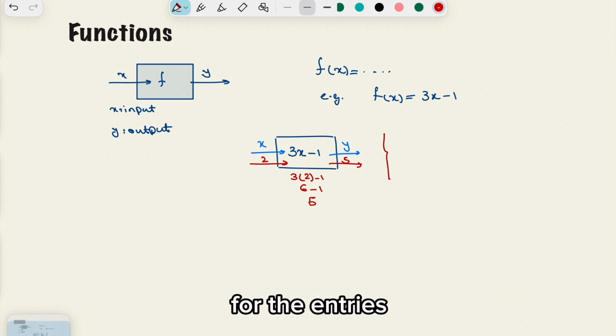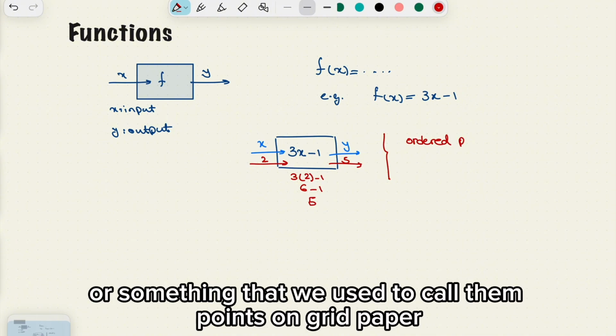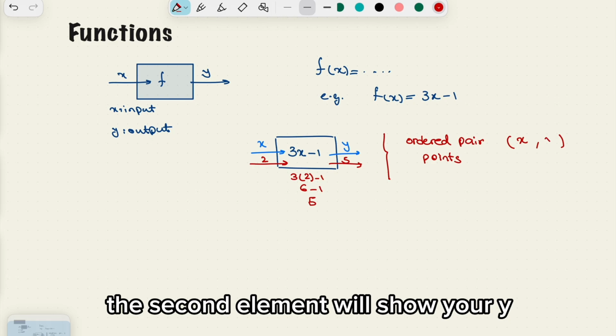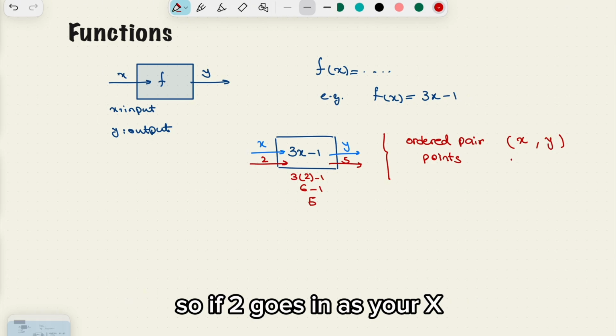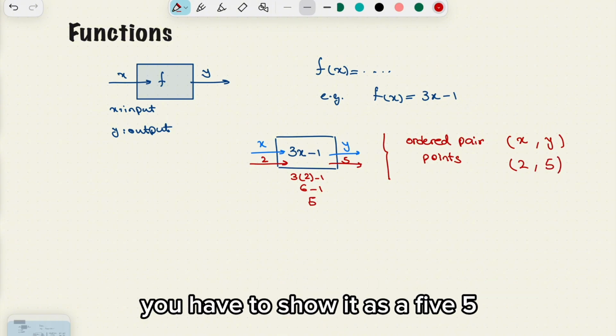The inputs and the outputs of a function can be written as an ordered pair, or something that we used to call points on grid paper. The first element will show your x, the second element will show your y. So if 2 goes in as your x, you have to start with 2. If 5 comes out as your y, you show it as (2, 5).